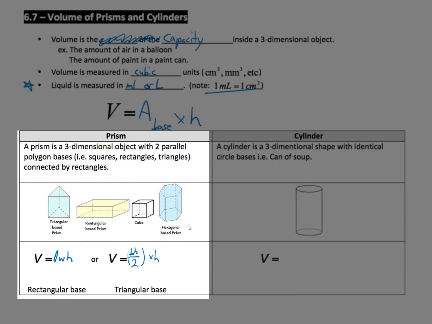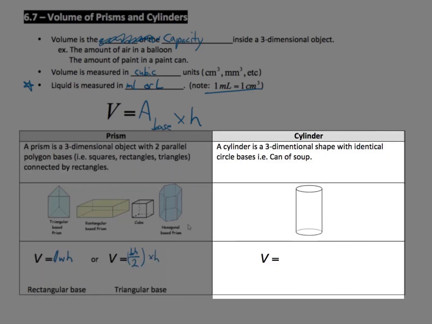All right, now the cylinder. A cylinder is a three-dimensional shape with identical circle bases. An example would be a can of soup. Any sort of can is a cylinder. I don't think that there's a rectangular can. Most cans are cylindrical. That means they're cylinders.